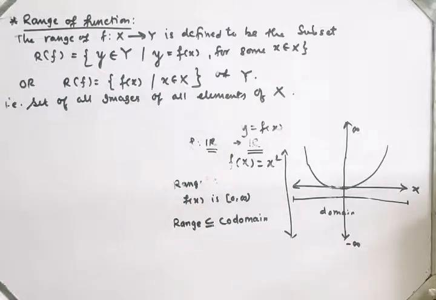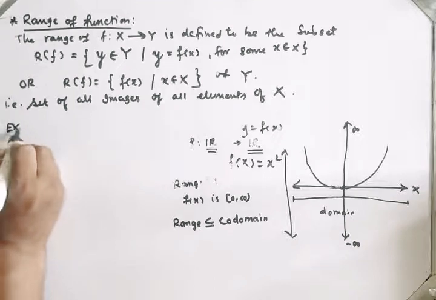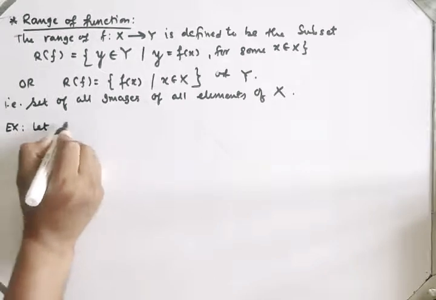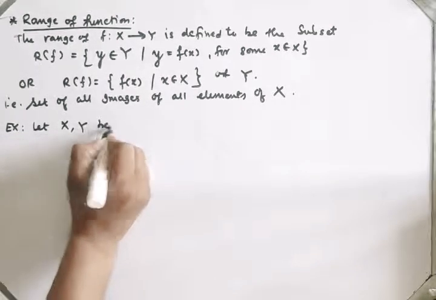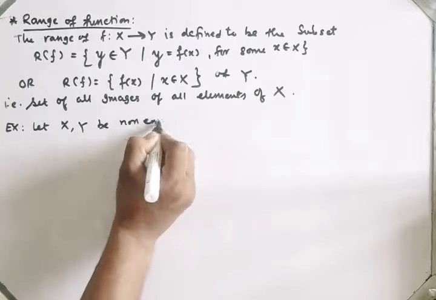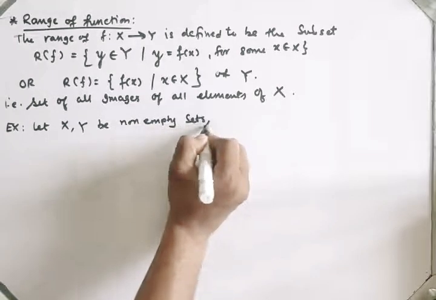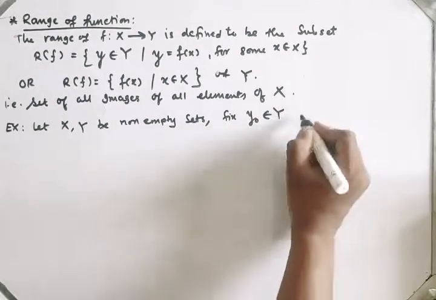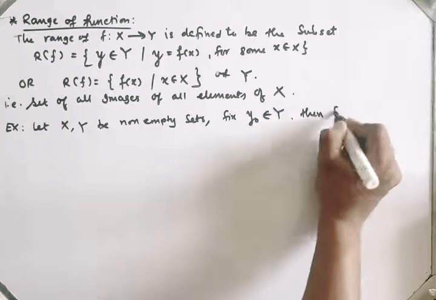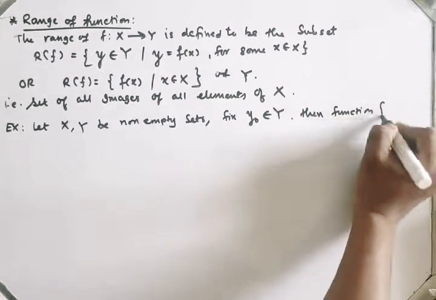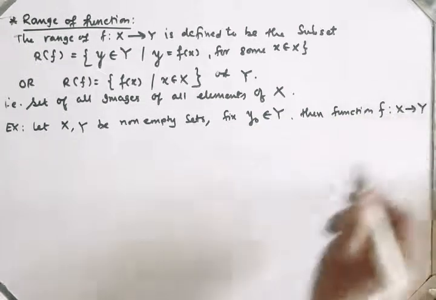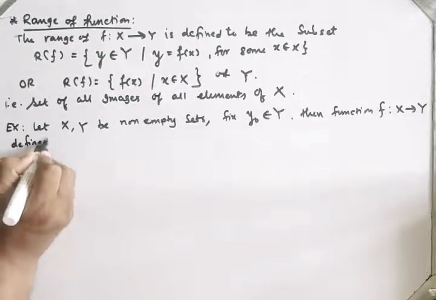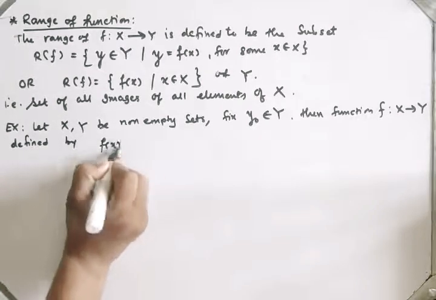For example, let X, Y be non-empty sets. Now fix y naught belongs to codomain Y. The function f from X to capital Y defined by f of x is equal to y naught.